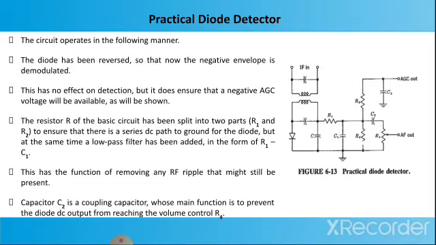But at the same time, a low pass filter has been added in the form of R1 and C1. This has the function of removing any RF ripple that might still be present. Capacitor C2 is a coupling capacitor here, whose main function is to prevent the diode DC output from reaching the volume control R4.